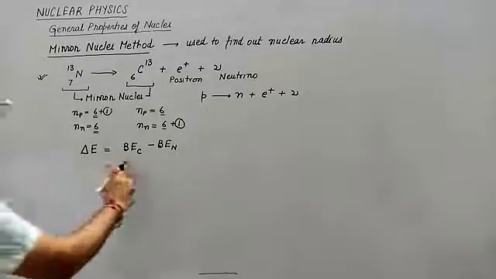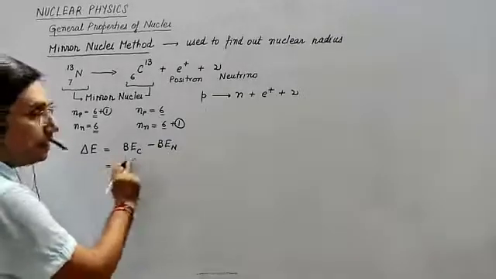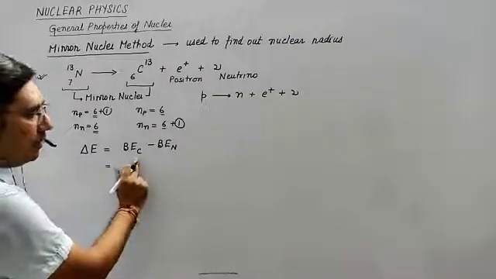Basically, the binding energy of any nuclei is made up of 5 components.